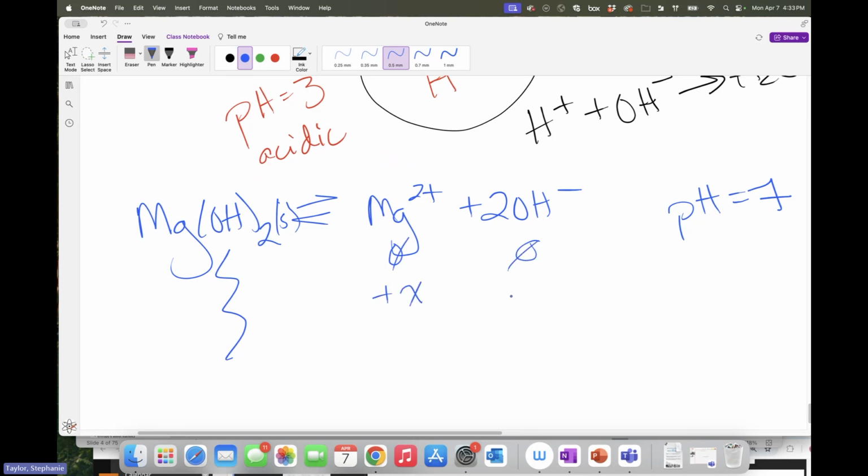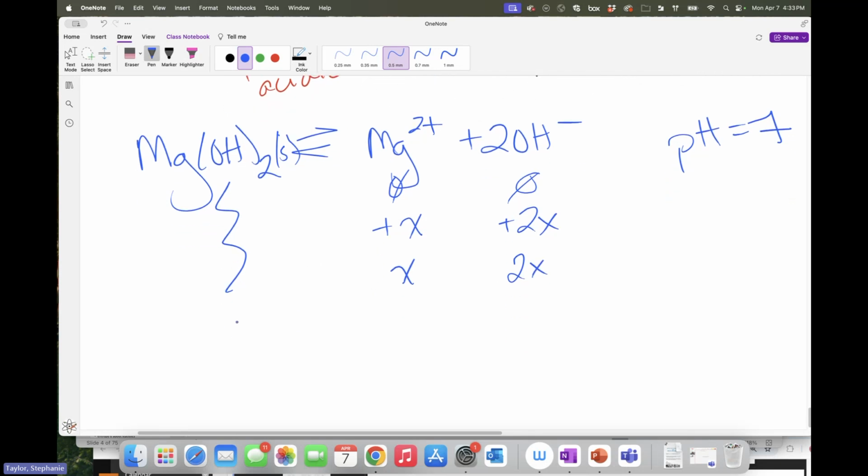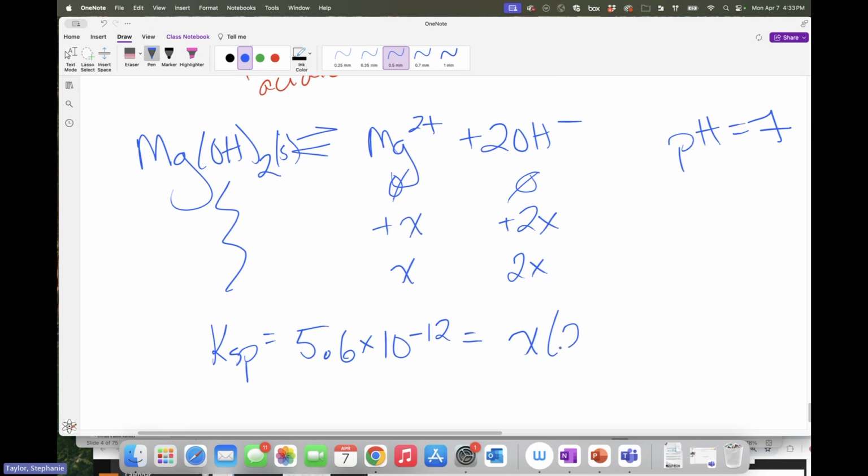I have plus X, I have plus 2X, I have X, I have 2X. My KSP value, which I'm looking up in a table, I just had it, for magnesium hydroxide. On the exam, they are all in the question, is equal to X times 2X all squared.